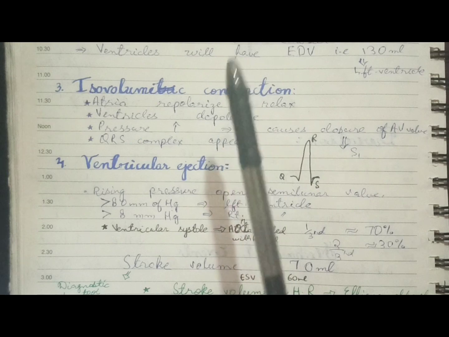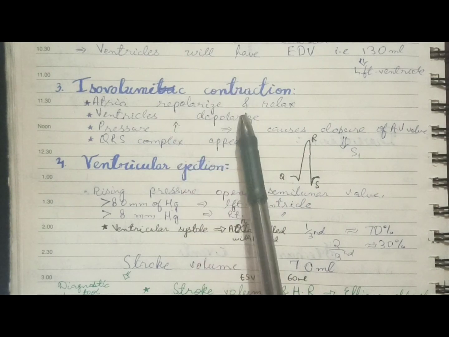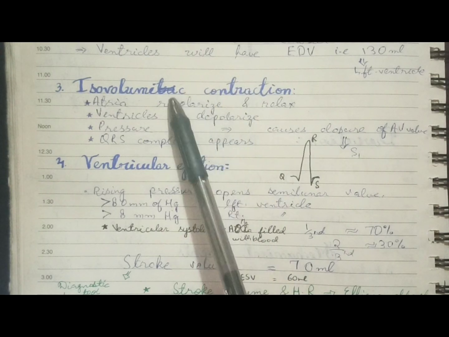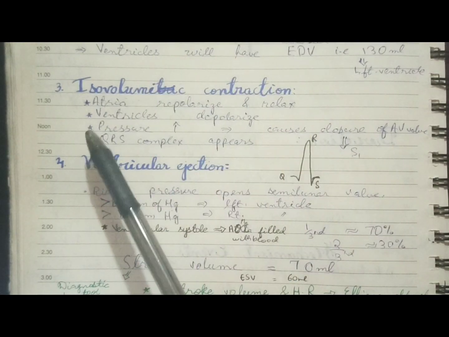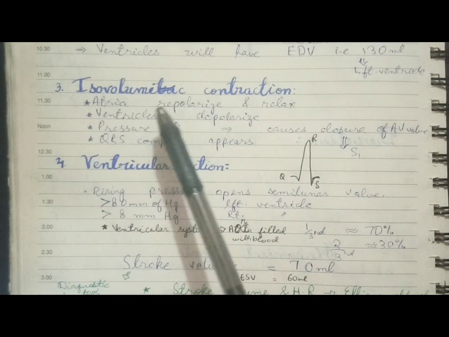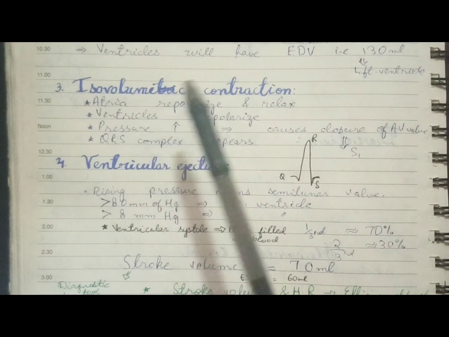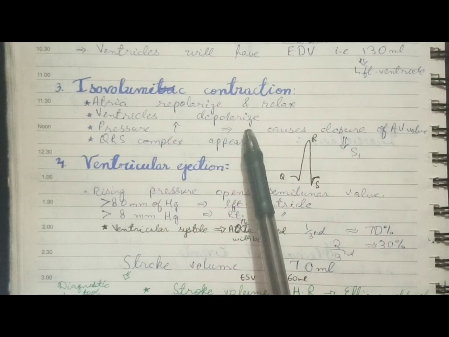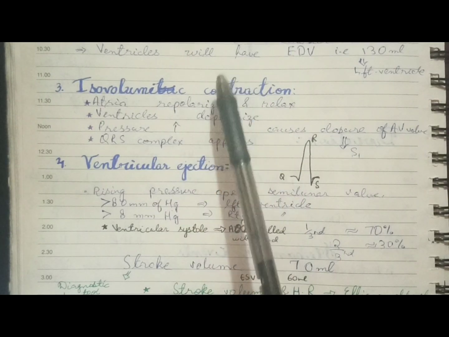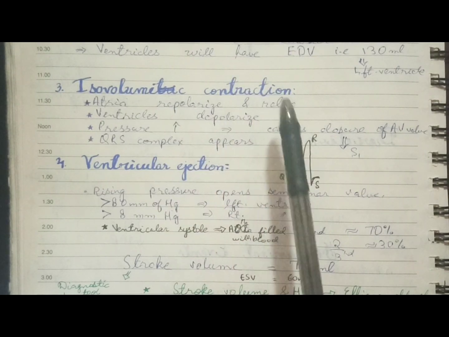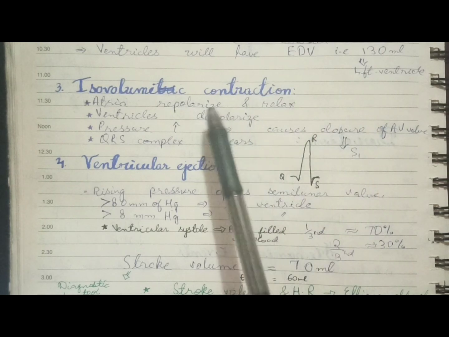So what happens is the atria repolarize and relax, i.e. there will be atrial diastole, and the ventricles will be depolarized. The ventricles will be depolarized after the atria, approximately 0.1 second after the atria.